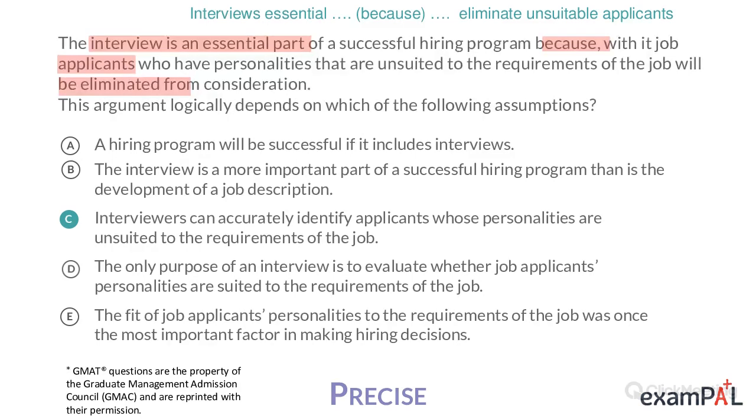So with this question, we first understood it, then thought about what type of answer to look for. Usually we won't hit on the exact answer like in this example, but we will be in the general direction. So we will know what the answer choice needs to contain, how it links interviews to unsuitable applicants. We know that this somehow needs to be in whatever the answer choice talks about.